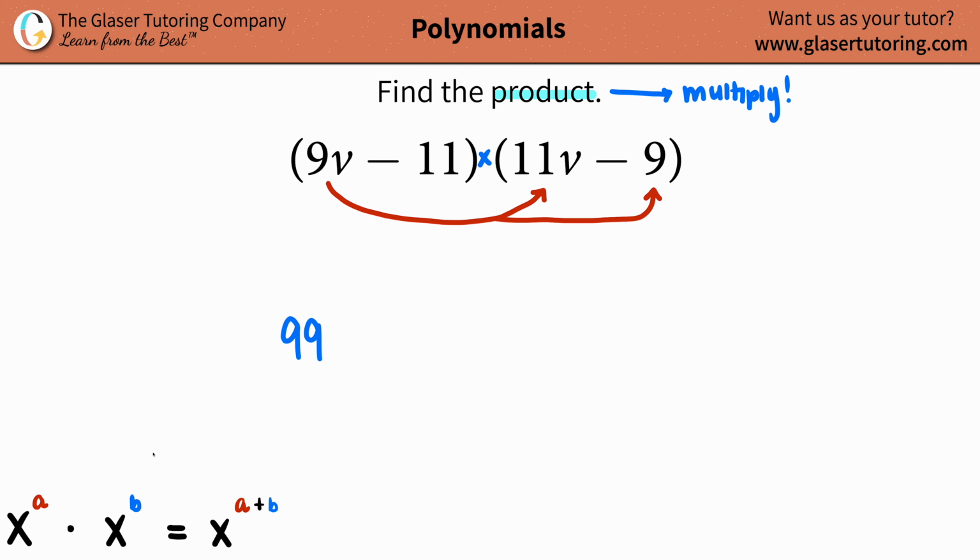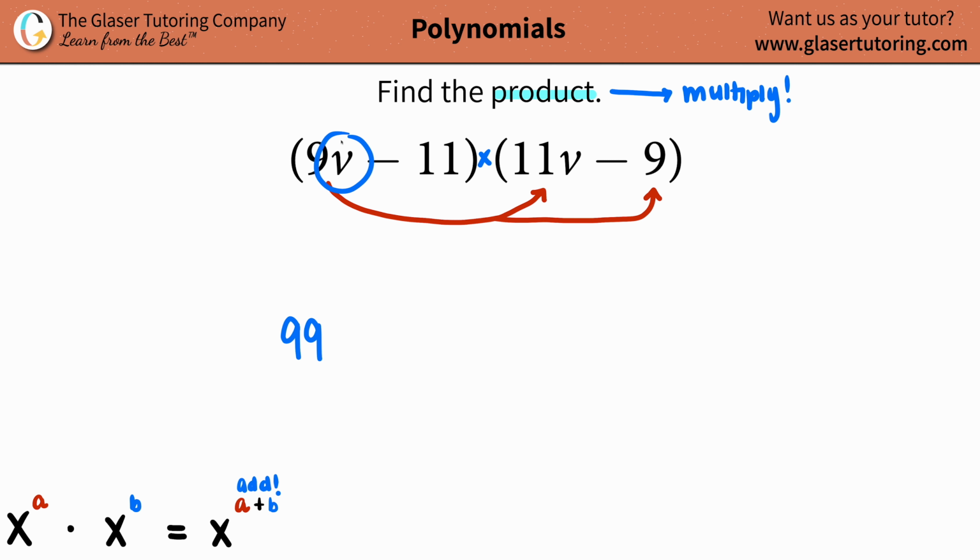If you are multiplying variables, in this case I put x values, but it could be anybody: a, b, c, d, x, y, z, v, right? You take the exponents that the variable has and you actually add them together. So that's the difference here, is that if you're multiplying with variables, you add those exponents.